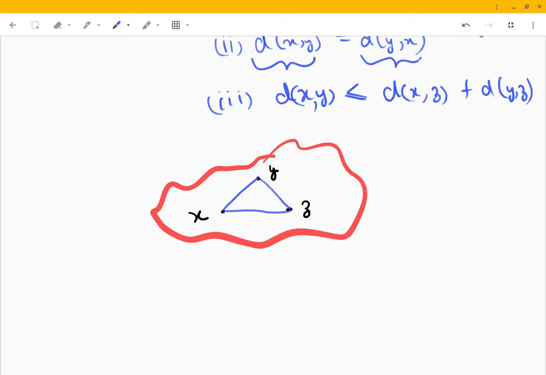It will be equal when these three points are collinear and z is between them. If this is x, this is y, and here we have z, and this is the line joining them, in this case they will be equal. Otherwise, they will satisfy this condition, which is the triangle inequality. The sum of two sides is always greater than or equal to the third side.